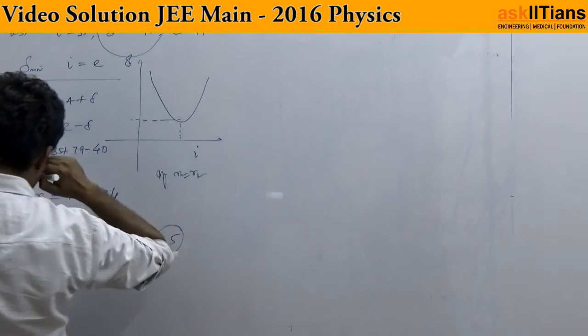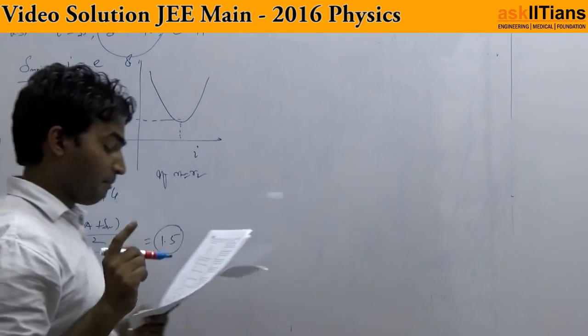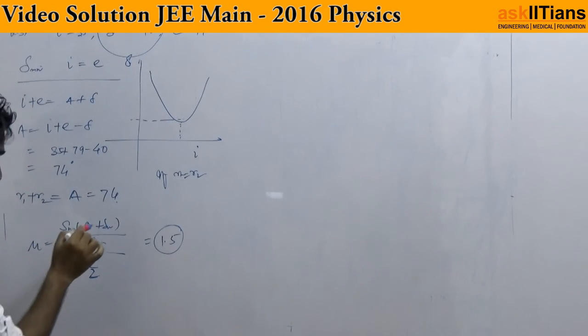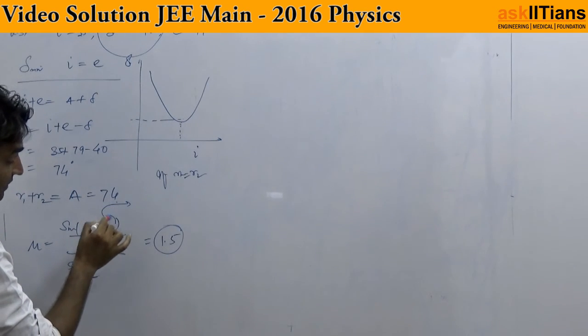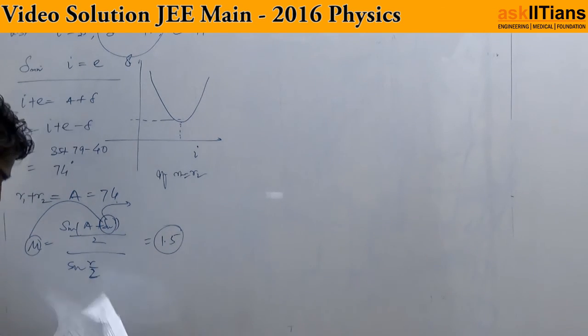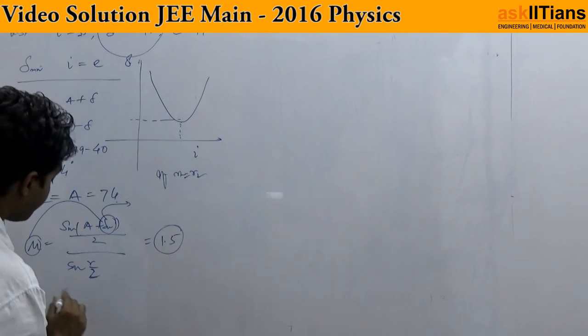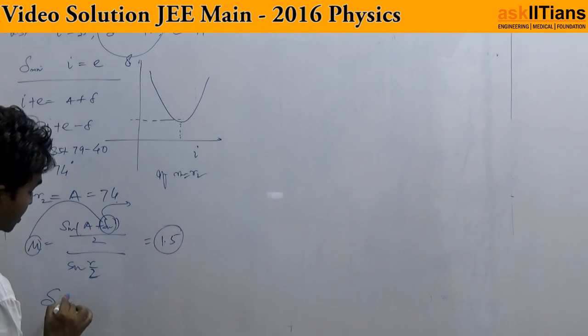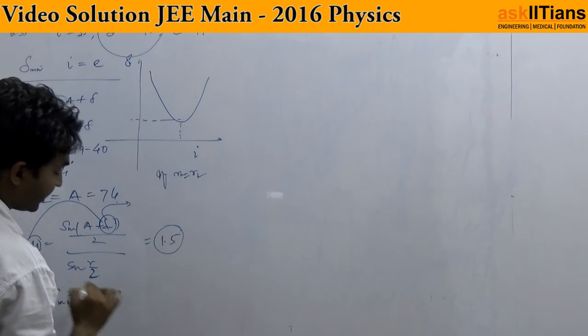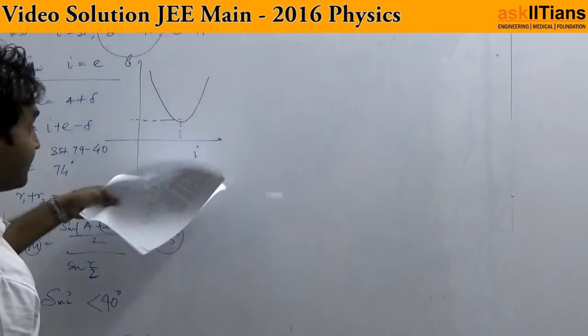Now, they want to calculate the maximum possible value of refractive index. If there is a change in the value of refractive index, definitely there will be a change in this value. So minimum deviation can be possible when this is equal to the 40 degree angle of the given data.